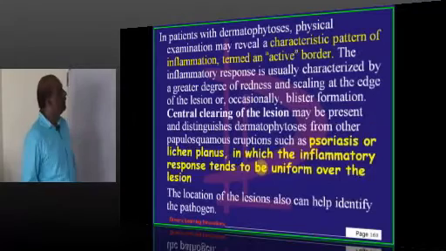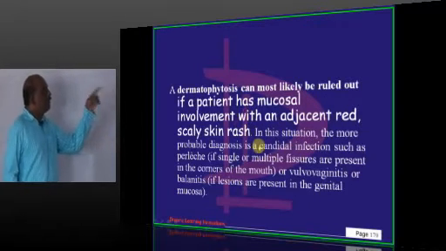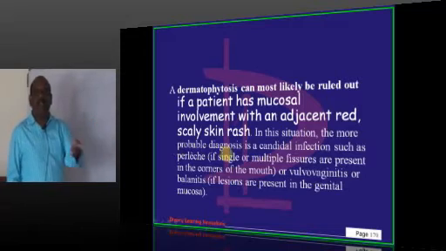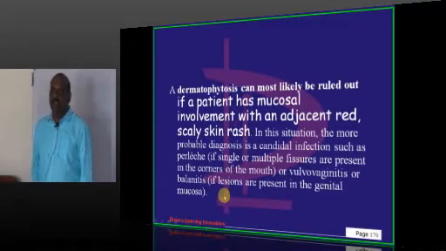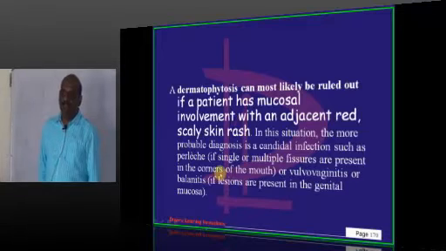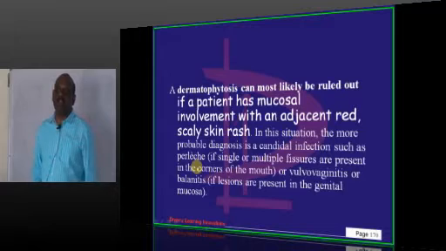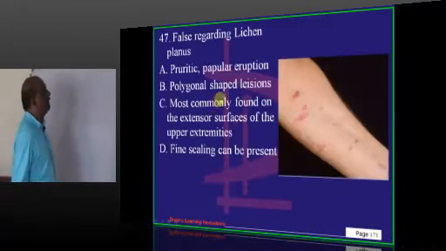That's a simple truth which you need to remember. If there is any mucosal involvement or any red scaly skin rash, how will a dermatophyte infection look? Typically there is a central clearing. If that is not seen, and the beefy inflammation is still visible, then it is unlikely to be a dermatophyte infection.